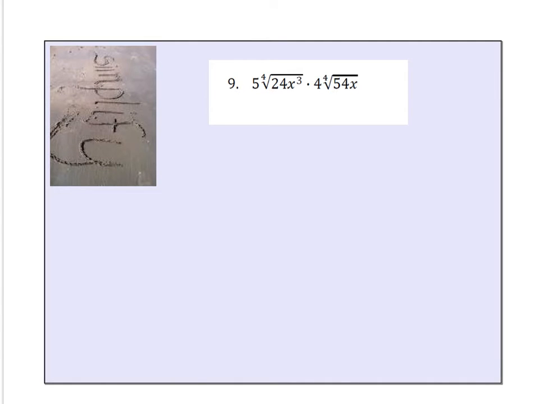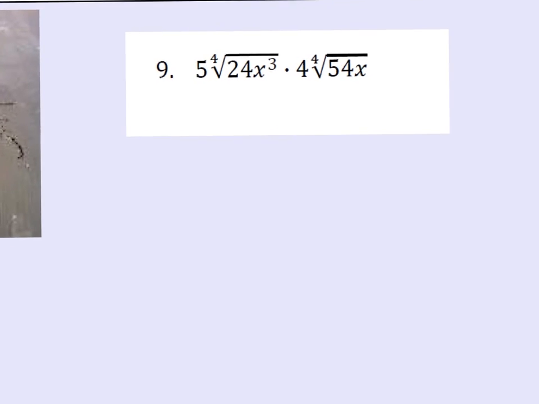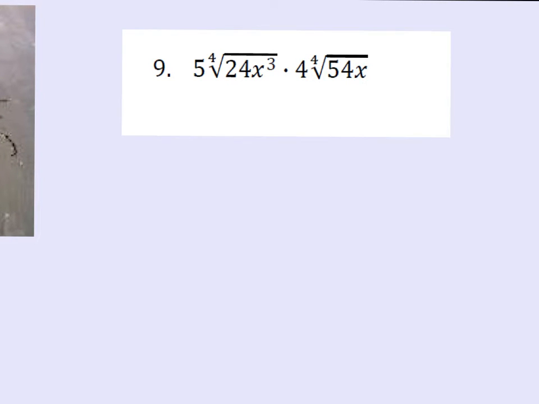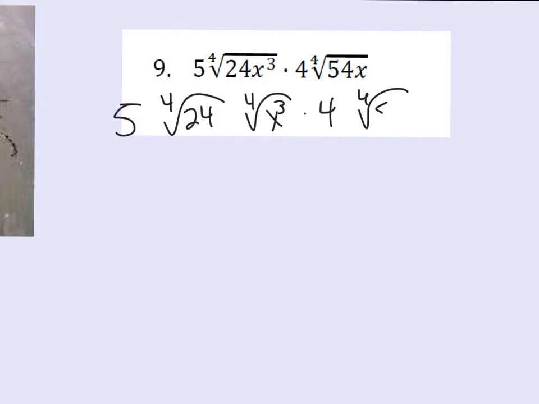All right, so here, this one is going to get weird, because here's kind of what I'm going to do. I'm going to keep that 5 out front. I'm going to break this apart to the 4th root of 24, 4th root of x to the 3rd. Over here I've got 4, 4th root of 54, and 4th root of x. So I'm going to move outside. So 5 times 4 is outside.